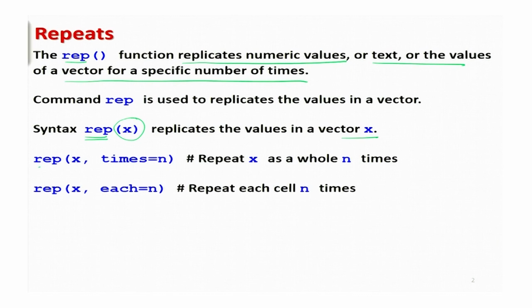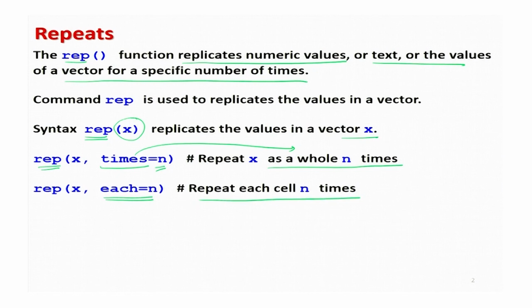With the rep command, you can use the option times equal to n, or each equal to n. If you use times, then it is going to repeat the whole data vector n times, and if you use each equal to n, then it will repeat each cell n times.